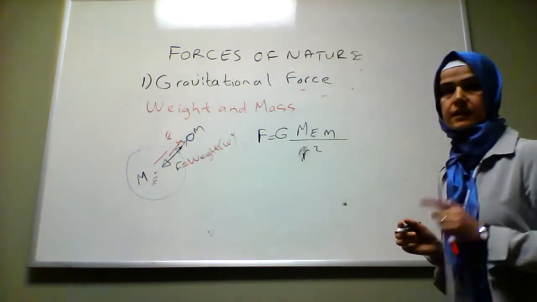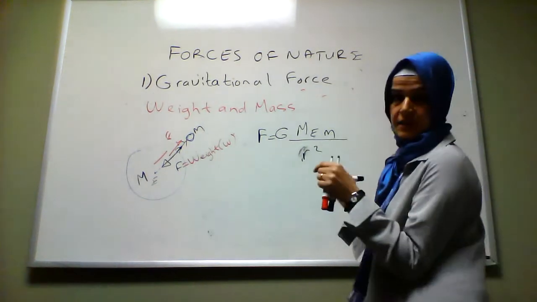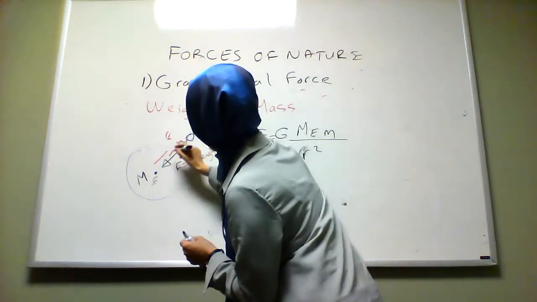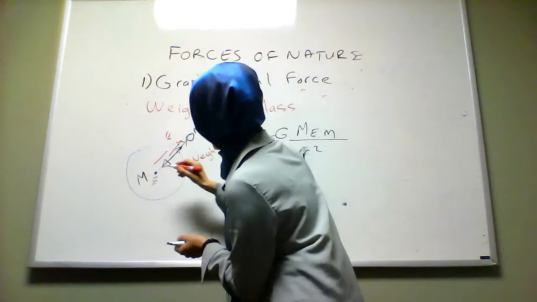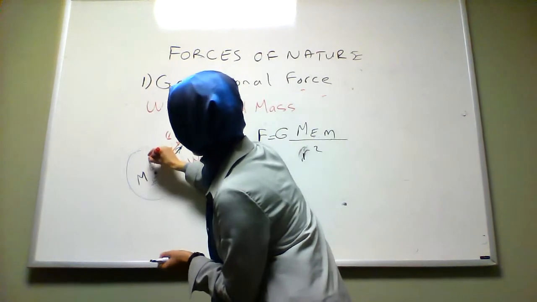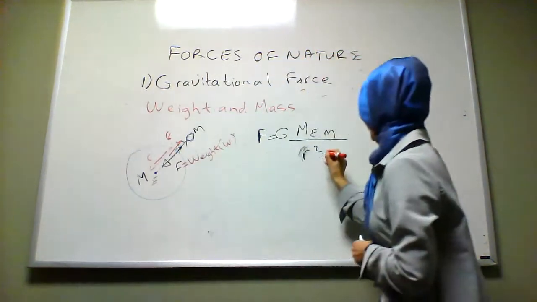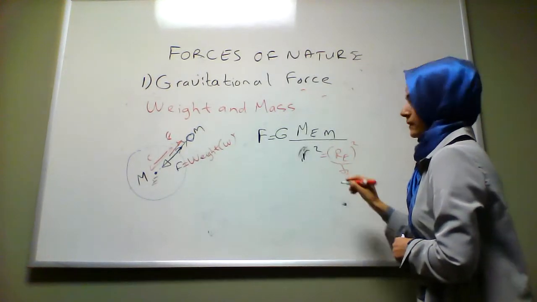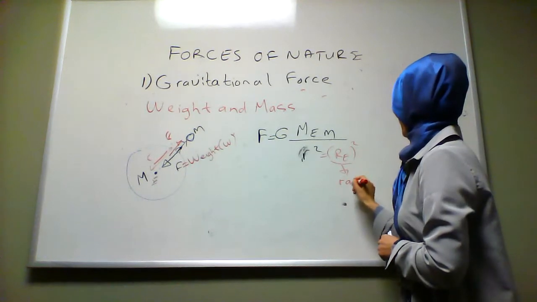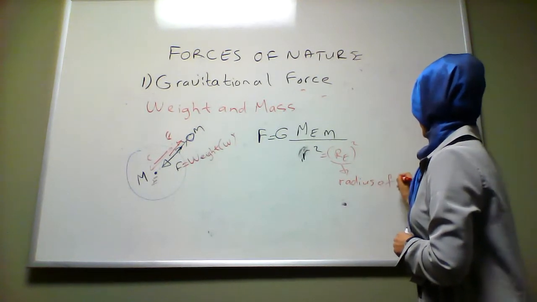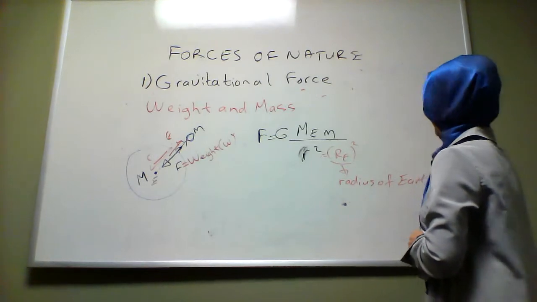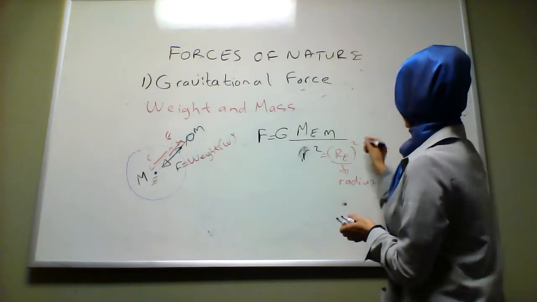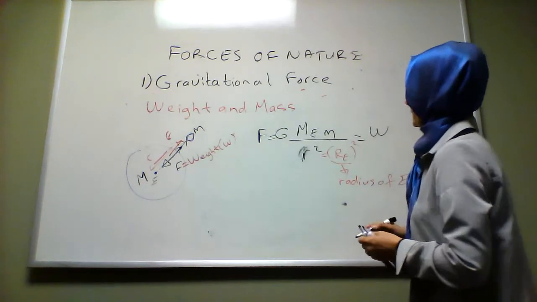This is the distance in between the person's center of gravity and the center of Earth. Actually, we ignore the person's center of gravity, which is very small. We generally take this distance R as R Earth, which is equal to the radius of Earth. And this is the force exerted on the person, and this is equal to the weight of the person.